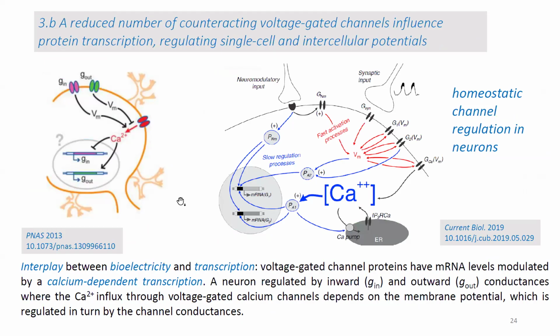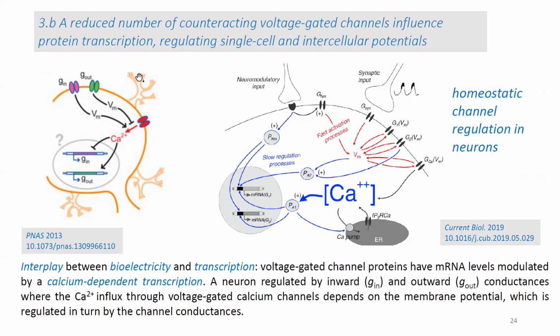We physicists are usually contaminated by simplicity because we are used to work with systems where the degrees of freedom are limited in number. And so we concentrate on only two generic families of ion channels. For instance, a family of inward rectifying channels and another family of outward rectifying channels.